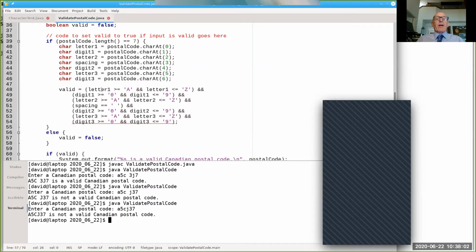You may be wondering why I didn't use isDigit here, saying Character dot, oops, so that I would avoid having to do all of this testing here with the less than and greater than business. The reason I didn't use it is it turns out that 0 through 9 are not the only digits available in Unicode.